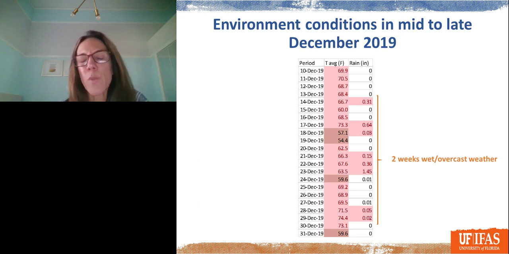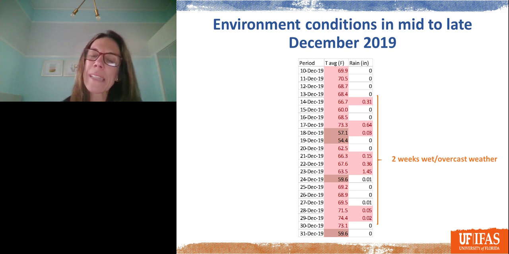And that's pretty much what happened in December last year, December 2019. We had a period of 2 weeks where it was just wet, not a lot of rain, not an amount, but it was just raining a little bit every day, and overcast and cloudy, and it's just wet all the time.